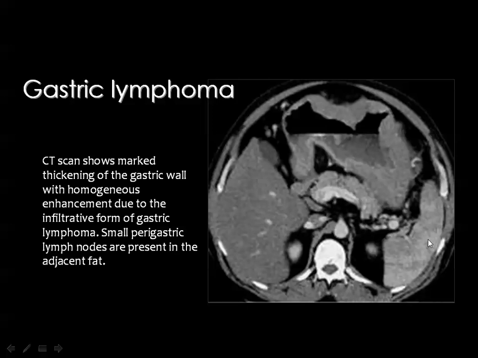This is a CT appearance showing more or less a classic appearance of gastric lymphoma with diffuse, non-uniform gastric mural thickening affecting the whole gastric wall.